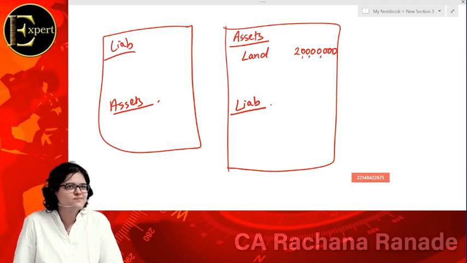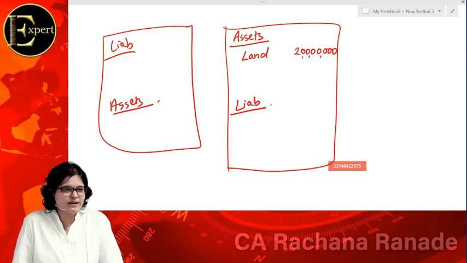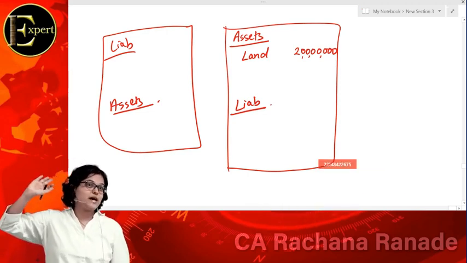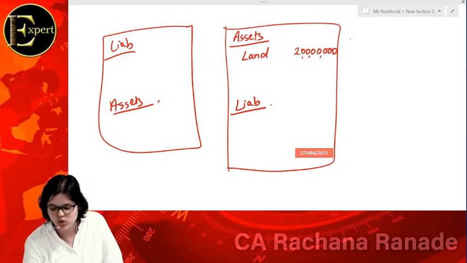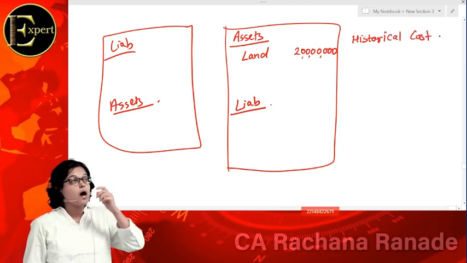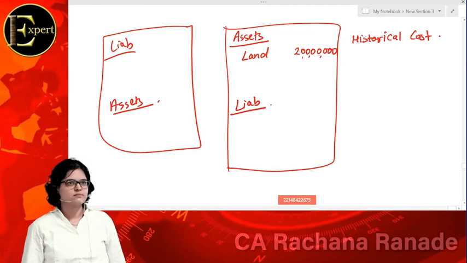Has to be more than that. But what remains in my balance sheet? Is it the current market value or the price at which I had bought the land? The price at which I had bought the land. This is known as historical cost. Historical cost means the cost at which I had bought it.